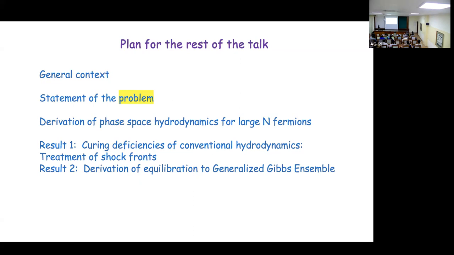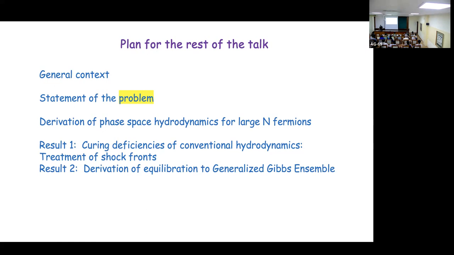Once you are able to go past the formation of the shock fronts, of course you can ask about T going to infinity questions. What we find is that indeed in this case also it equilibrates to a generalized Gibbs ensemble, because it's a free Fermi gas and therefore has an infinite number of conserved charges.